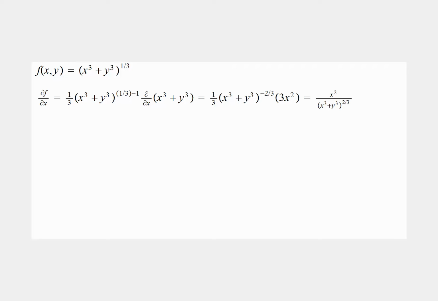This procedure is not valid when x equals negative y, because when that happens, our denominator will become 0. So it's valid only when x is not equal to negative y.